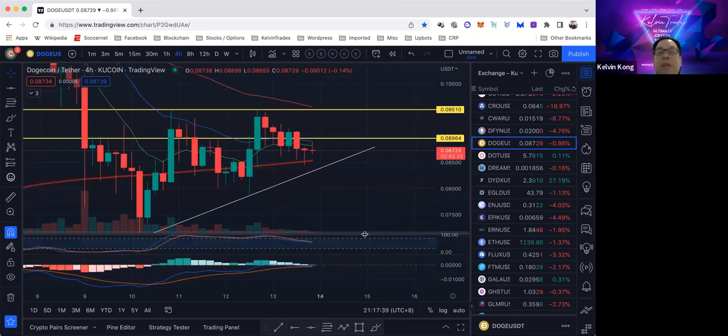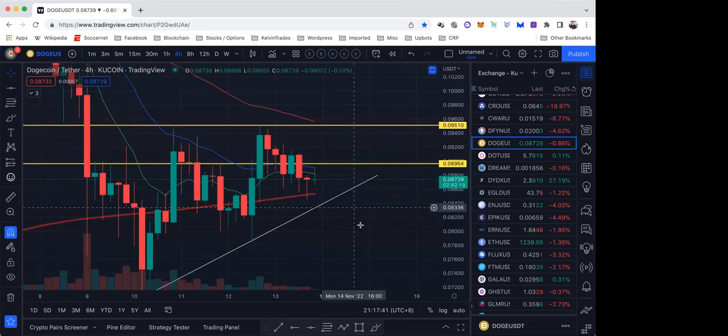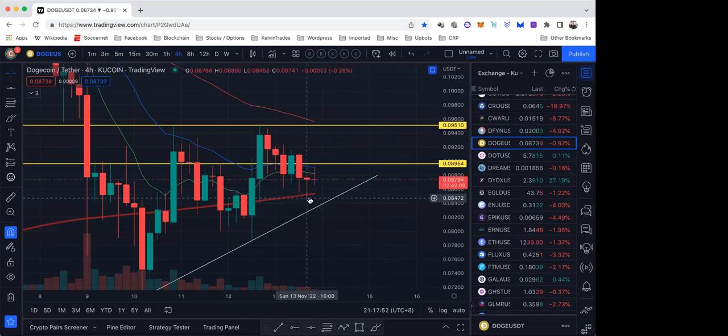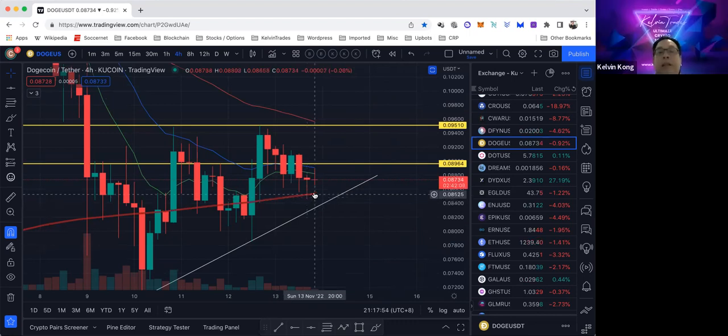And this is a 4-hour chart. Oh yeah, you click forward. So too early, wait. And some more, the 200 MA is here. As we know, the 200 MA can act as a very strong support and resistance, so it could bounce. And some more there's a resistance here, right?